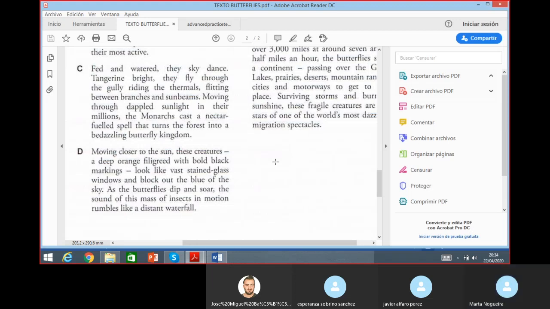Ok. Y sky dance lo hacen todo verbo, to sky dance. ¿Vale? Tangerine bright. Tangerine es mandarina y bright es brillo. Pues, ¿cómo lo traduciríamos? Tangerine bright.